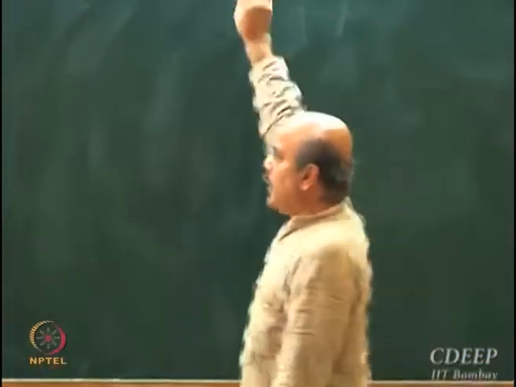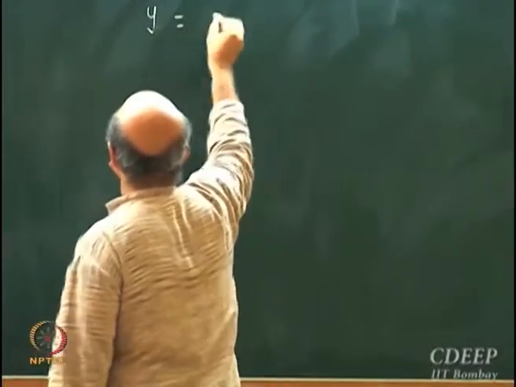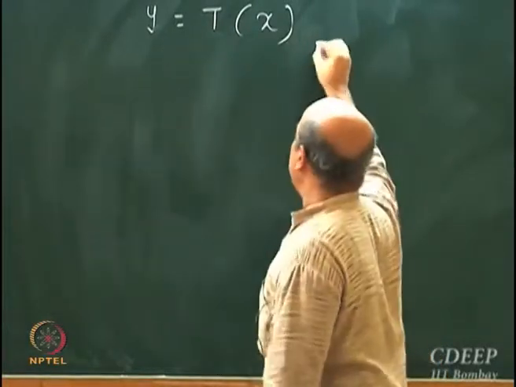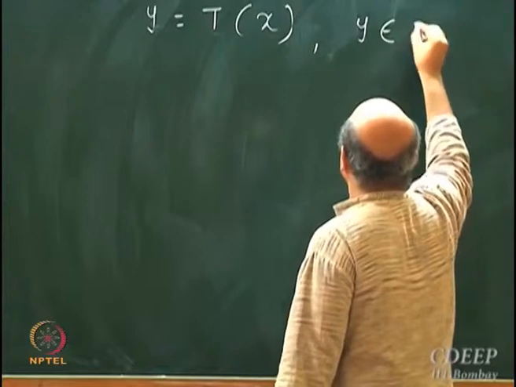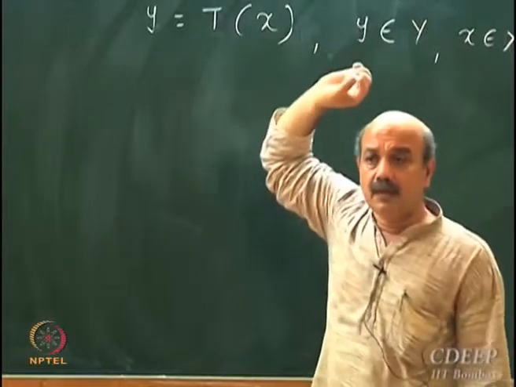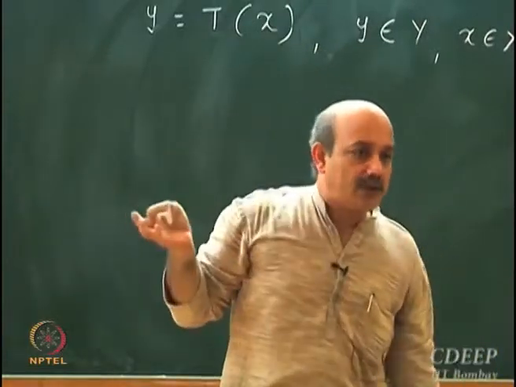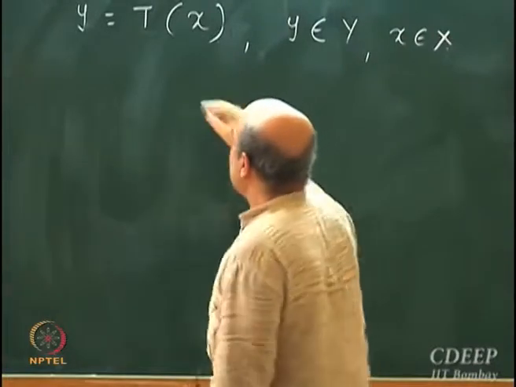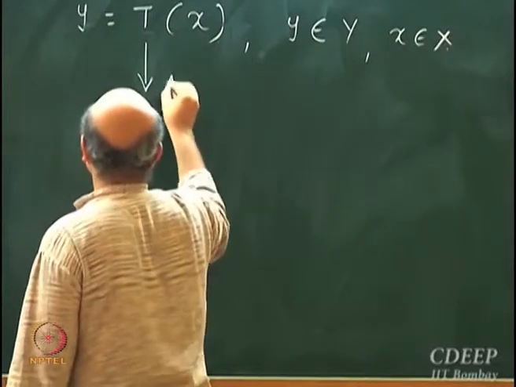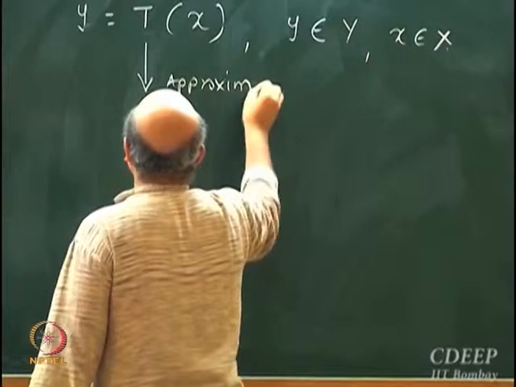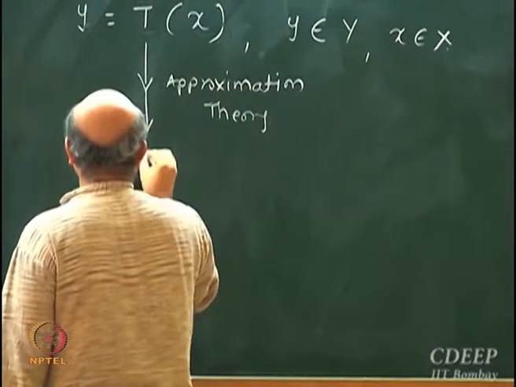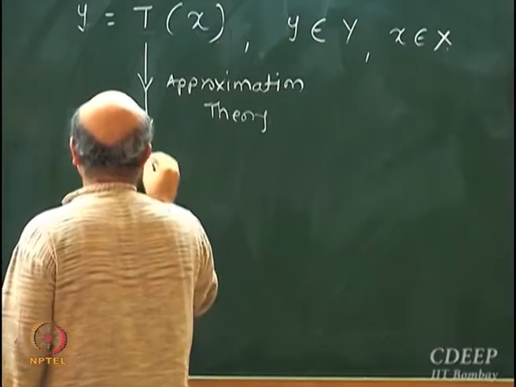Okay, so actually my original problem is y is equal to T of x, where y belongs to space Y and x belongs to space X. I am not able to solve this original problem, so what I do is I approximate T using approximation theory, and then I get what we call T cap.